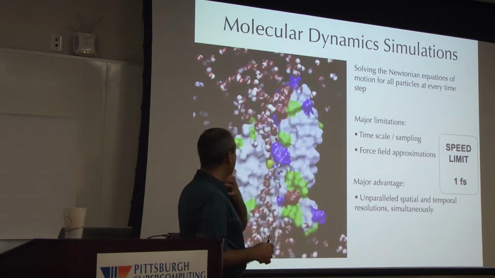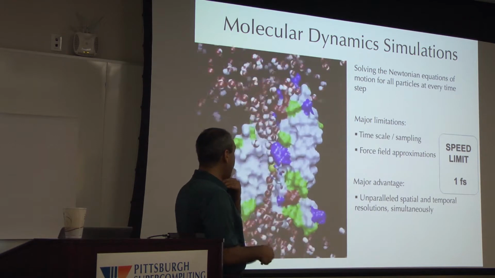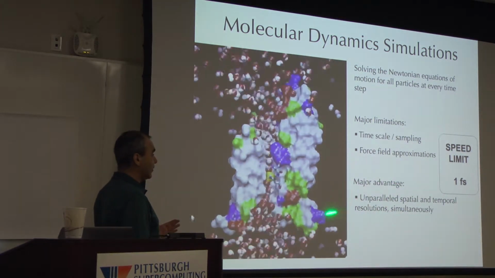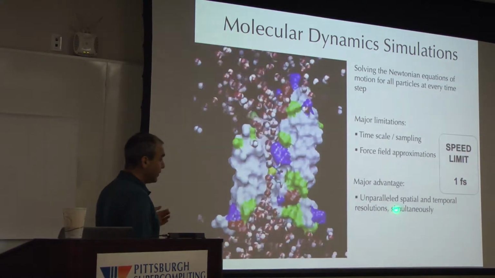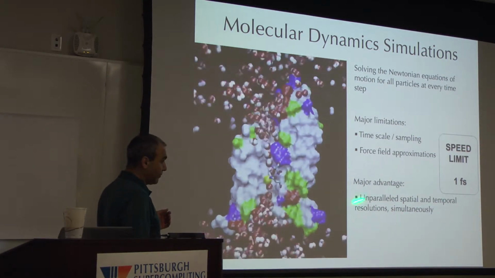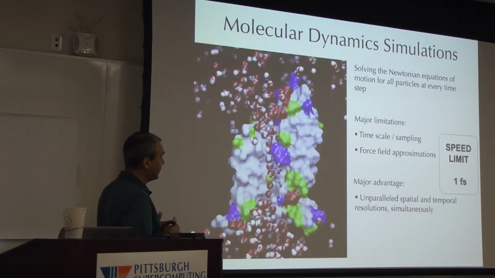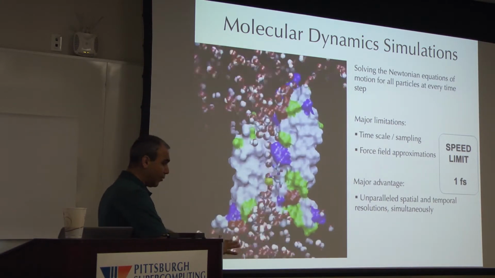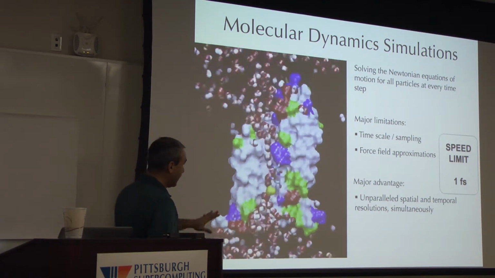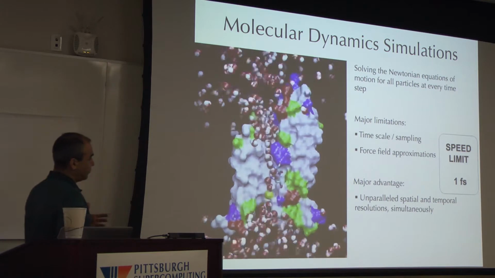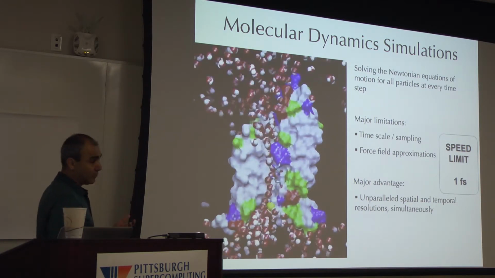And the major advantage, of course, is unparalleled spatial and temporal resolution at the same time. In principle, this cannot even be achieved experimentally. Based on the uncertainty principle, you cannot go below certain resolutions experimentally. That makes it really powerful, complementing what can be done experimentally.